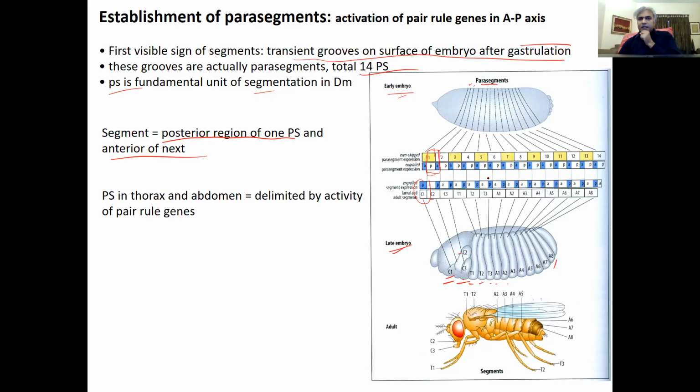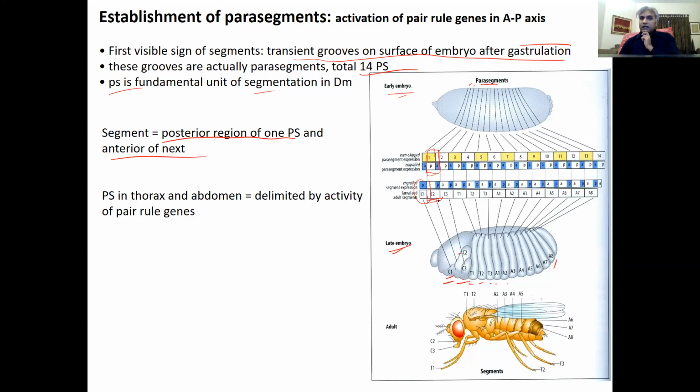Now, what is important is that you don't confuse the posterior of parasegment 1 and the anterior of parasegment 2 when they are an adult segment, when they have made C2. C2 will have its own anterior and posterior. Now, the previous anterior of parasegment 2 has become the posterior of segment C2.